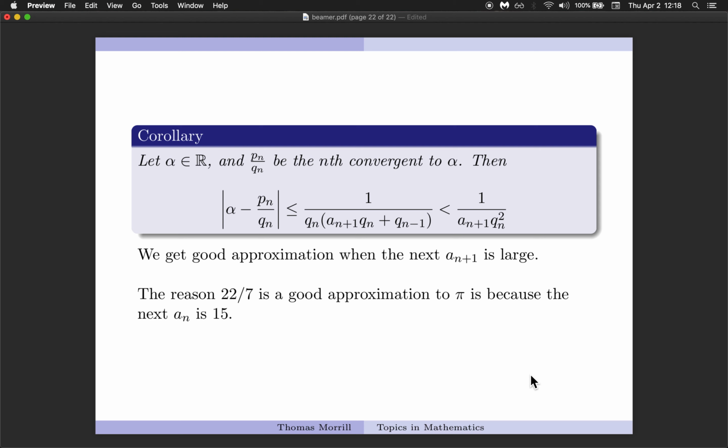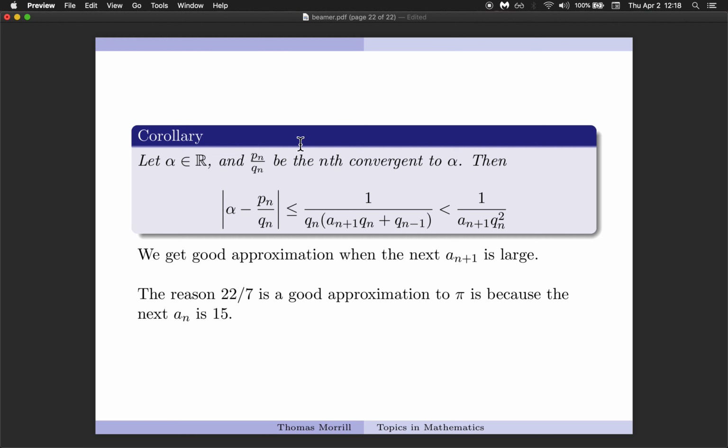When do I have an idea that the continued fraction I'm on will be a good approximation? I'll know that when the next an that I pull out is large. So in practical terms, going back to my example of pi, the reason why 22 on 7 is a good approximation to pi is because my next integer part that I would pull out is 15.